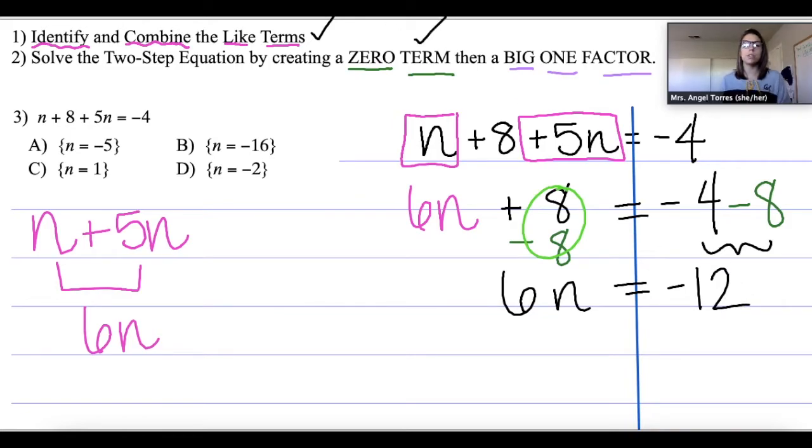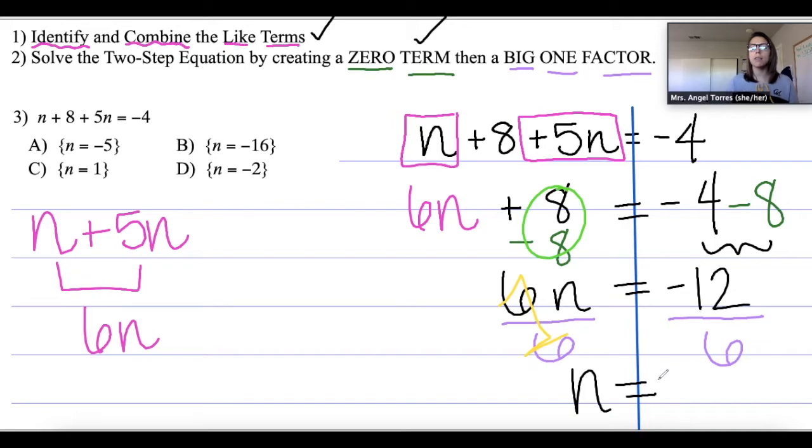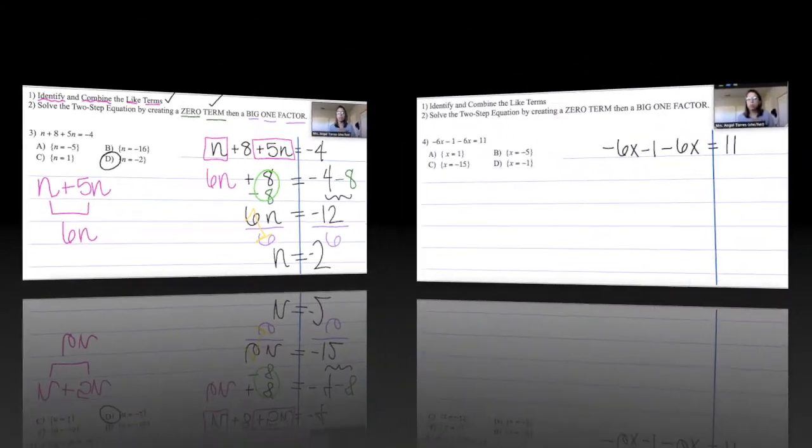So we made our 0 term. Last step, make your big 1 by dividing by 6. Because 6 divided by 6 is 1. That leaves us with n equals, and negative 12 divided by 6 is negative 2. D is the correct answer here.